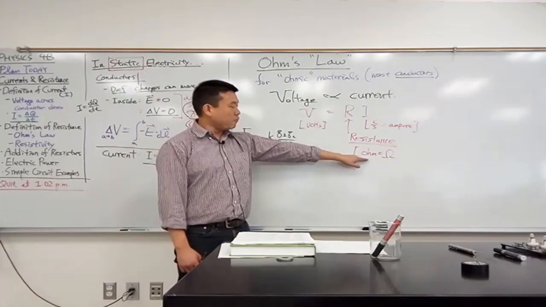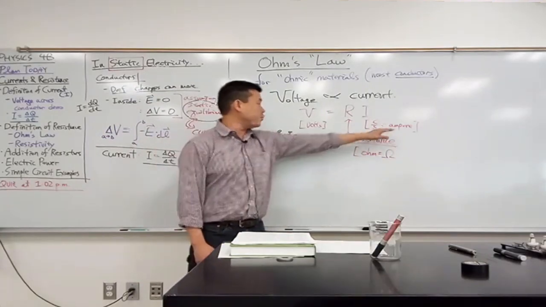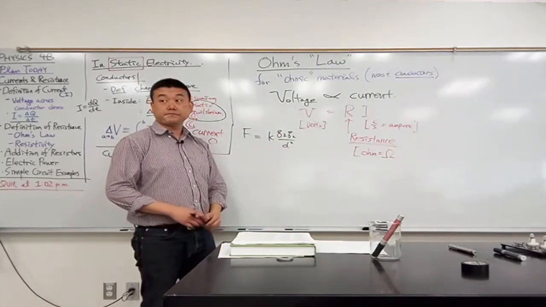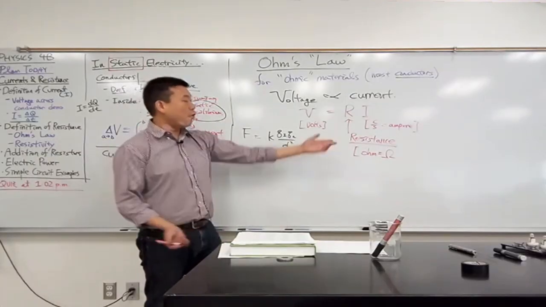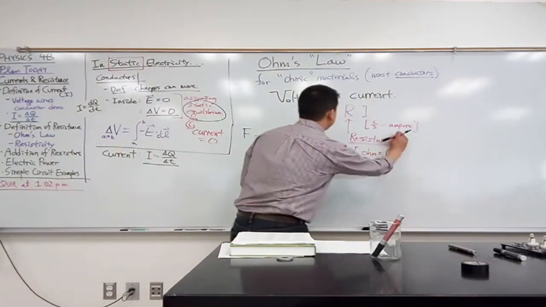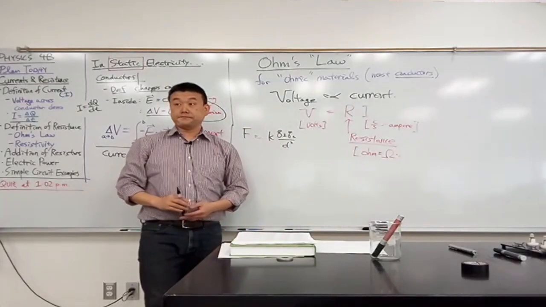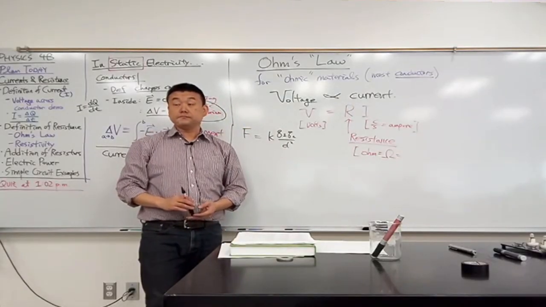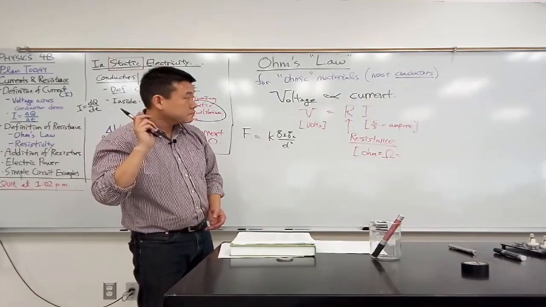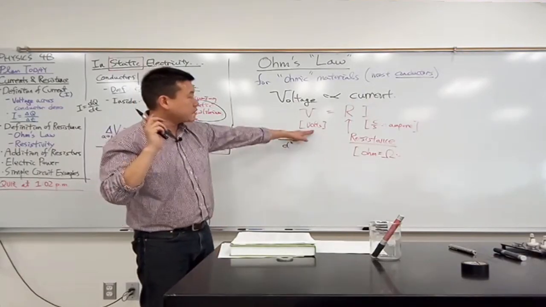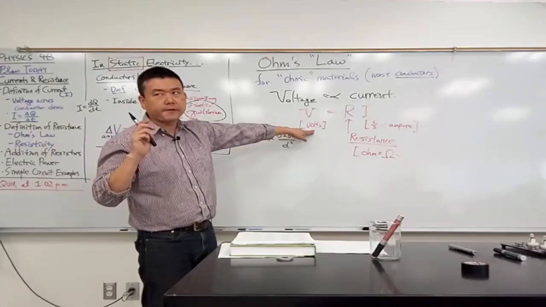Now, what do you think 1 ohm is in terms of these other units you have seen? Like, what is 1 ohm in terms of ampere and volt? Volts per second per charge, volts per second divided by coulomb. Okay, volts per... So why do you put volts on the numerator?